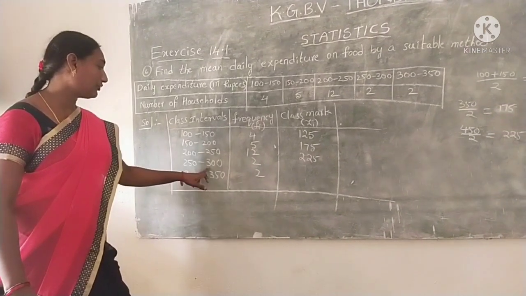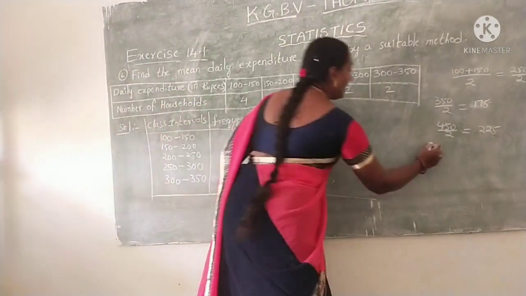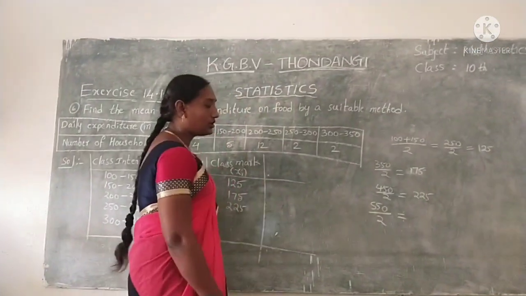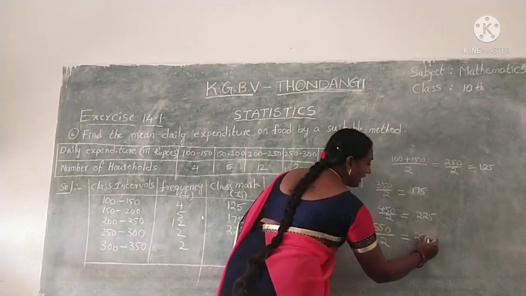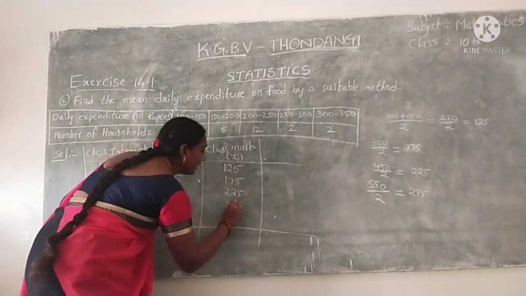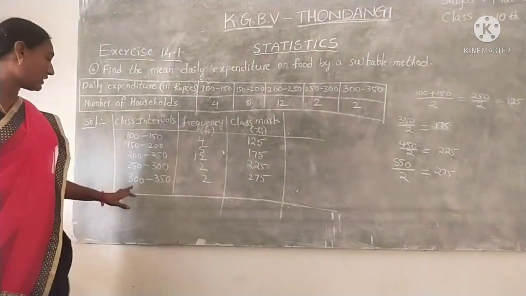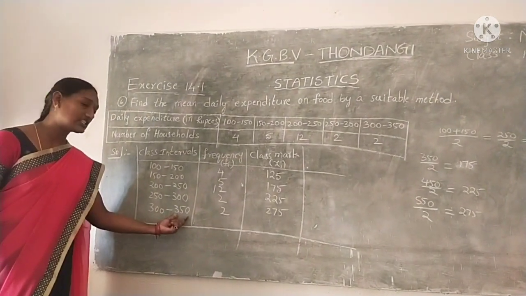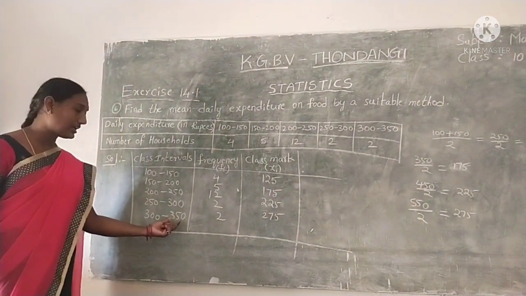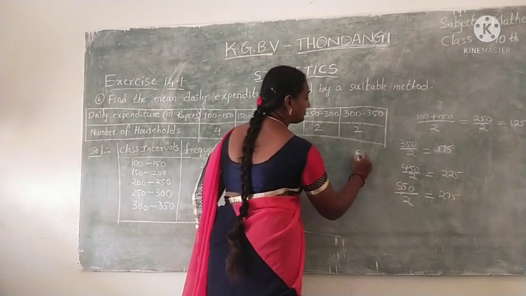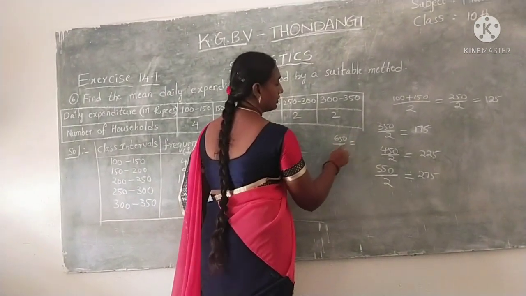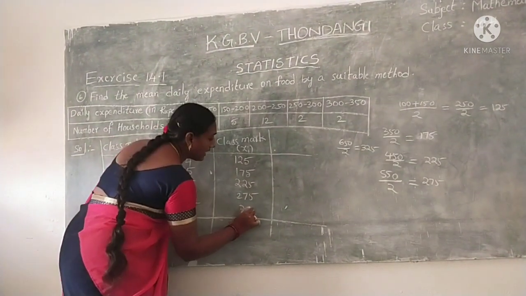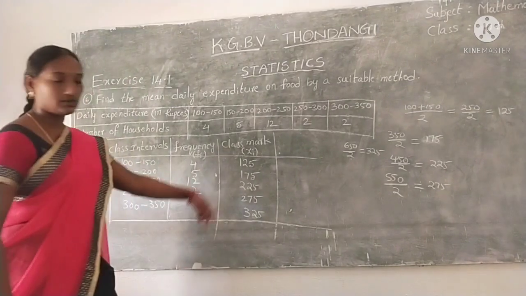The total is 550, and 550 by 2 equals 275. The last one is the average of 300 and 350. That means 650, and 650 by 2 equals 325. So these are the mid values.